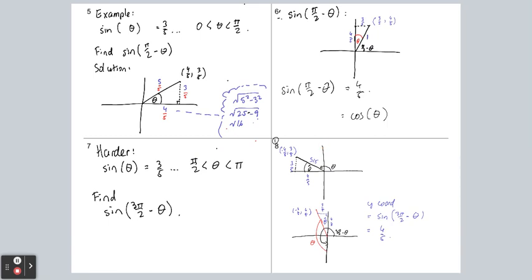You are then looking at the actual thing you need to look for, in this case 3 pi on 2 minus theta, and you're looking at what quadrant that gets you into. You are then transferring your 3 sides to the new triangle, and writing down the y coordinate for sine, the x coordinate for cos, or the gradient, rise over run, for tan.